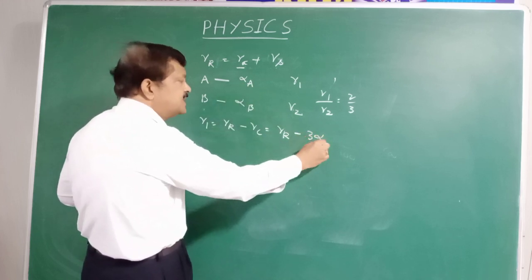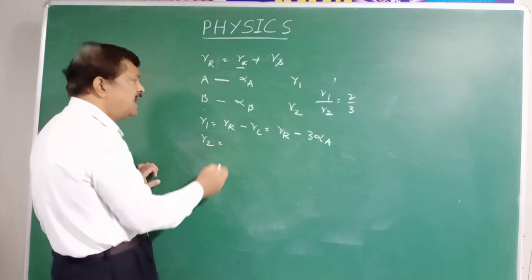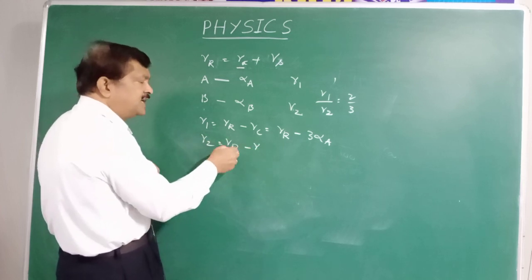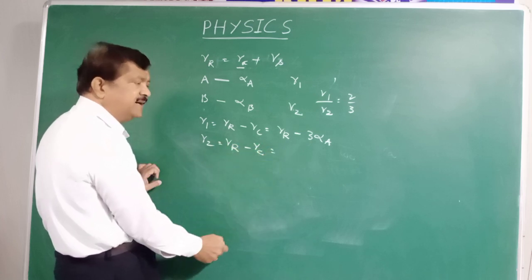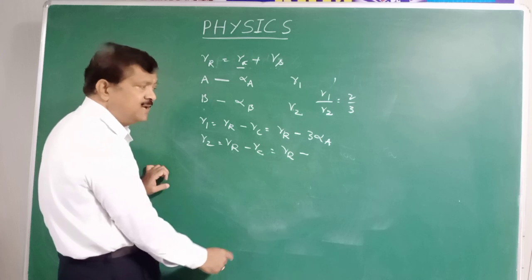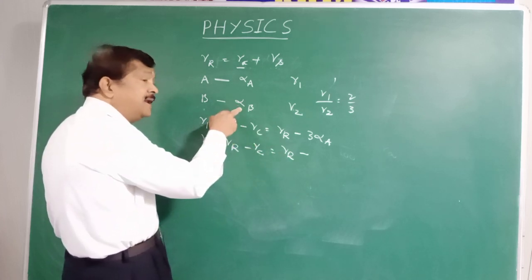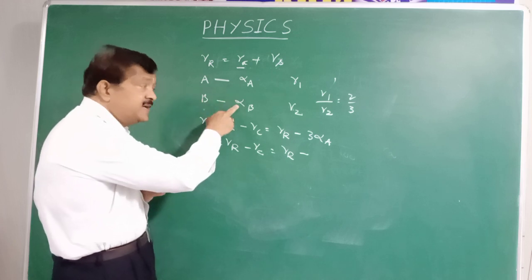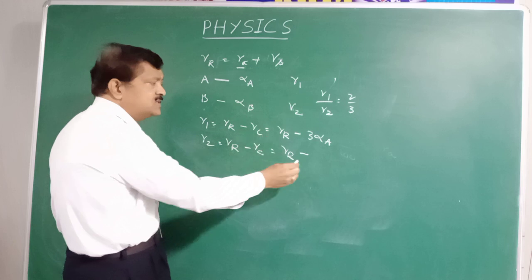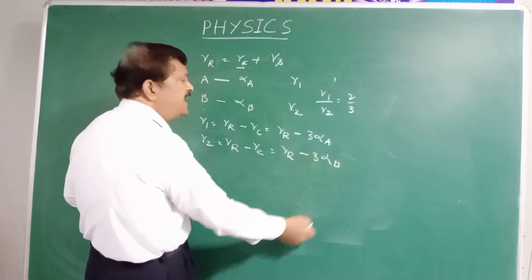And for the second container, gamma 2 equals gamma R, the coefficient of real expansion, minus gamma of the container. But gamma R is constant in all containers, so gamma R will have the same value. For the second container, the coefficient of linear expansion is alpha B, so the gamma value becomes 3 alpha B.